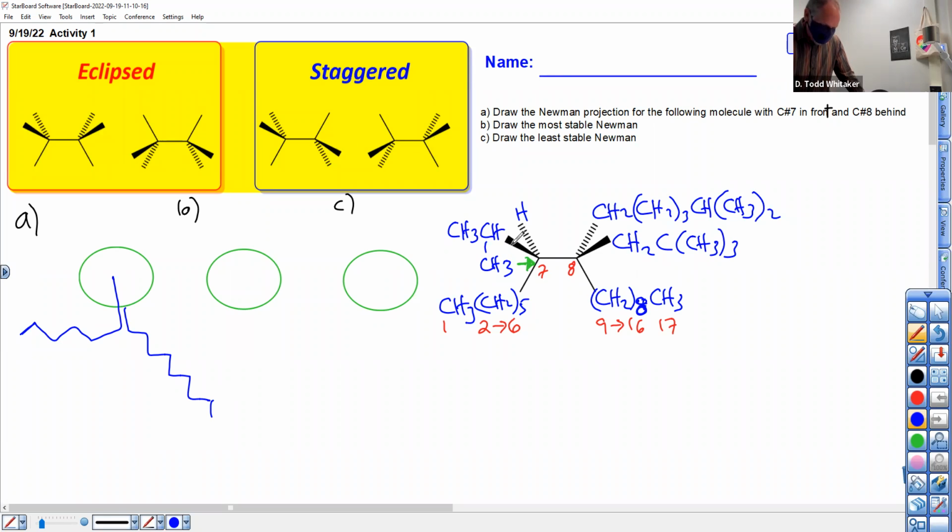So right and slightly above my eye is an isopropyl. We'll do that in orange. Isopropyl, this is the front carbon, evenly spaced up there, and then an H to my left. All the dashes are to my left if my eyeball has to be put on carbon 7 like that.